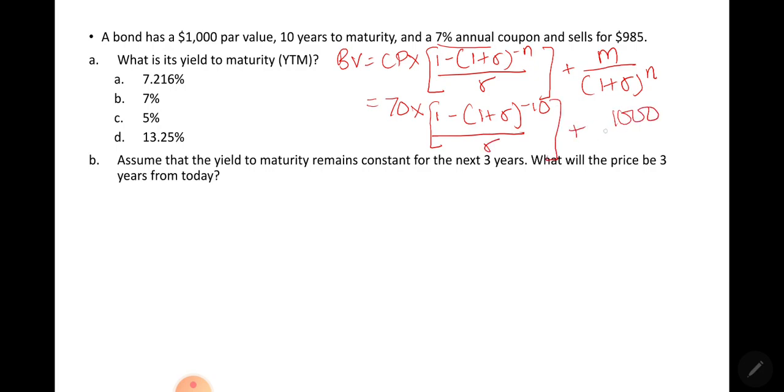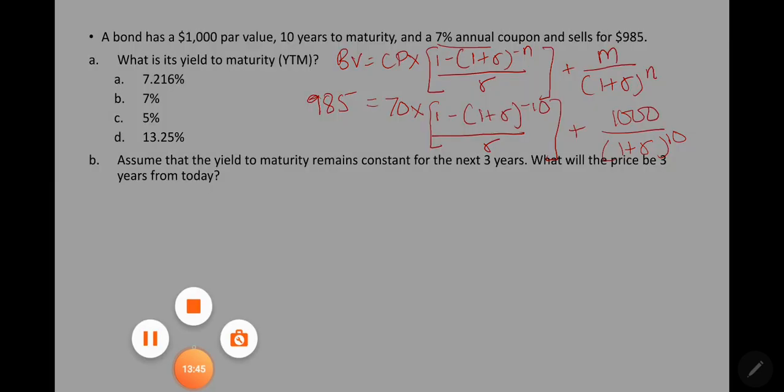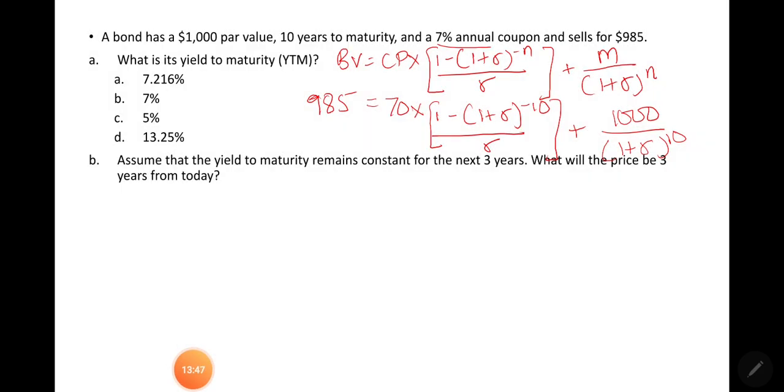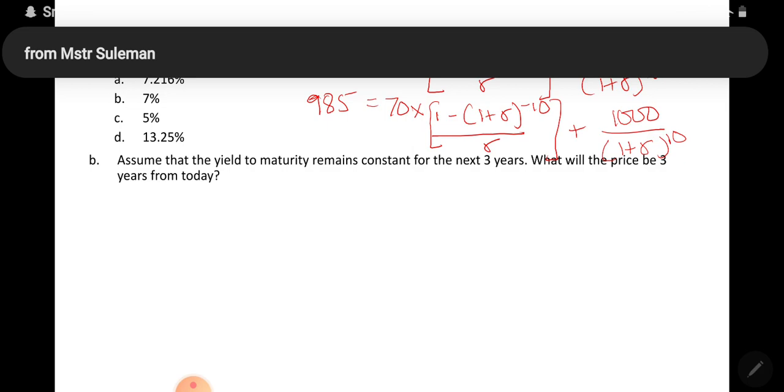Maturity value is 1000. The bond value is 985. So we have plugged in all the values in the bond valuation formula. Now over here again you will have to plug in different interest rates.